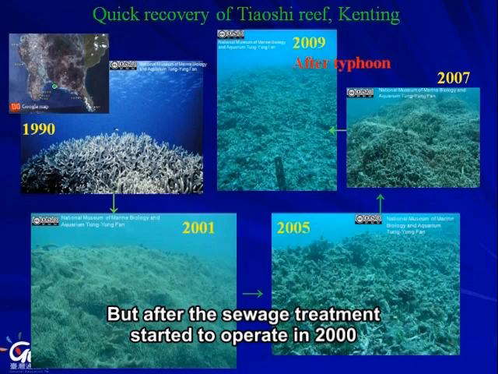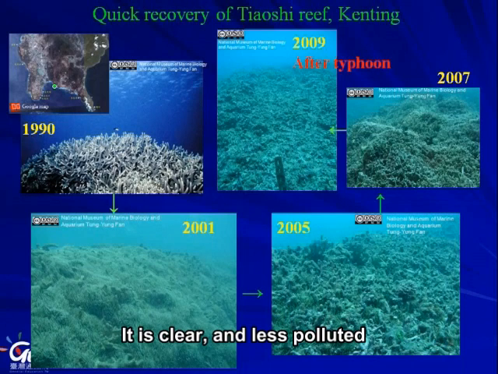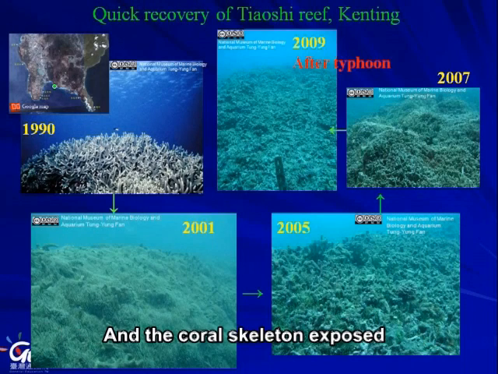But after the sewage treatment started to operate in 2000, after several years, the water getting better, more clear and less polluted. So the sea anemone decreased gradually, and the coral skeleton exposed.